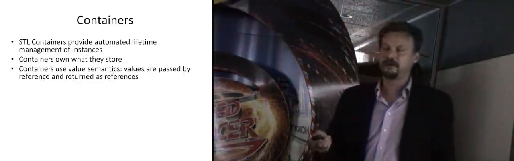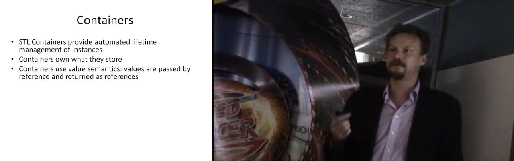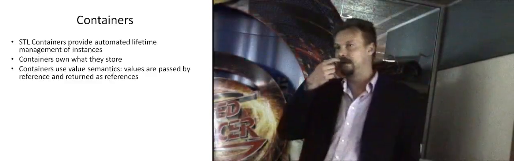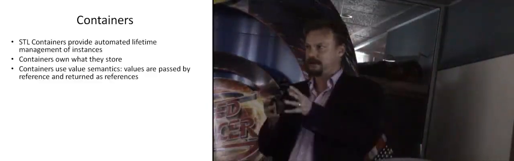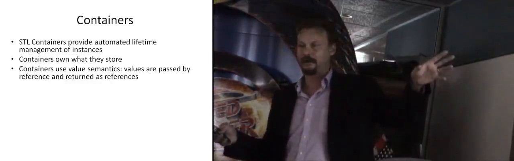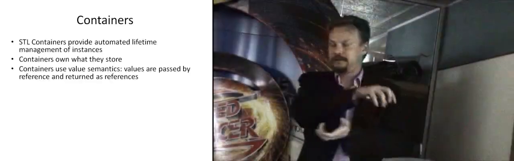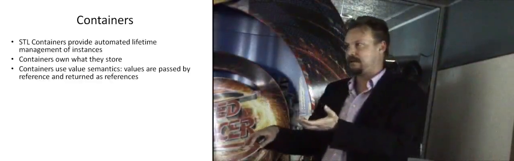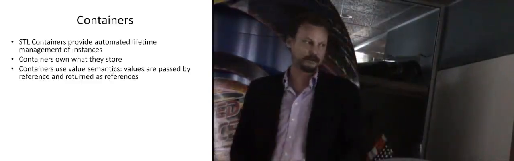Historically, if we were going to make a container ourselves, the first thing we would do is store a pointer to something that's kept externally, and we maintain a list of pointers or a container of pointers, and the lifetime management is outside of that container. What STL does is it gives all the ownership semantics into the container. So when you give something to an STL container, it owns it, it controls the lifetime of it.